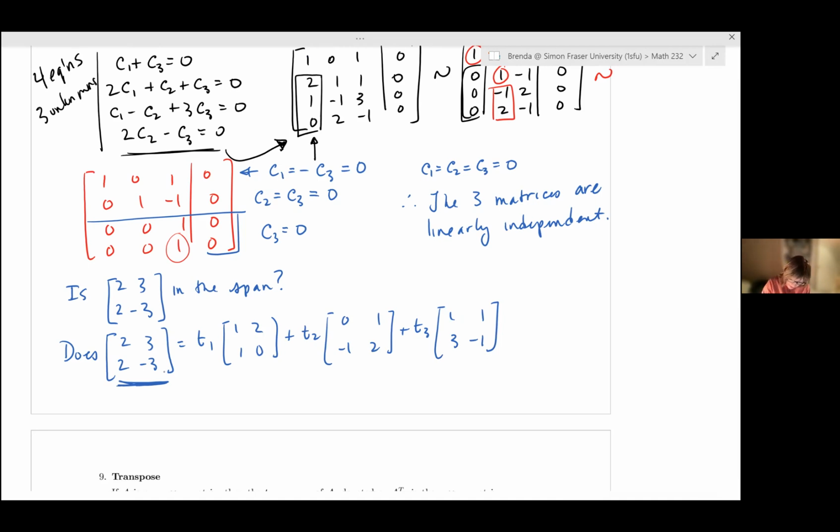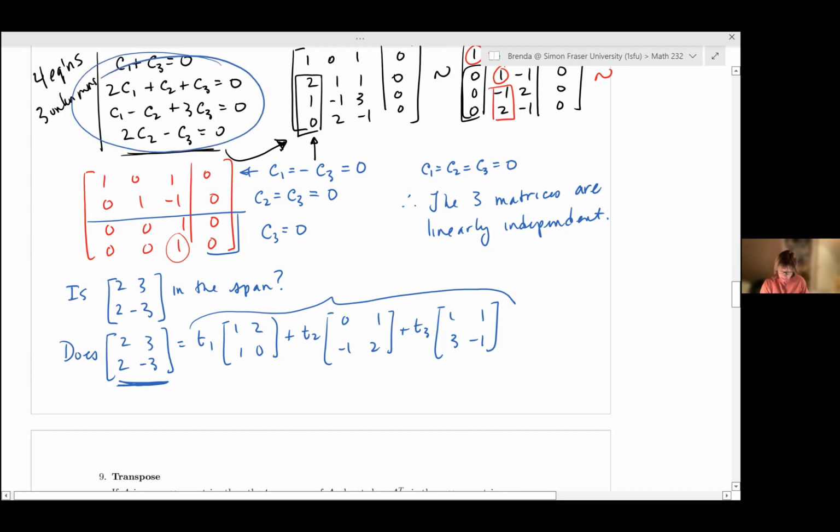Okay, so I do the same thing I did before. I perform this addition. This is the same addition that I performed last time, except I've used T instead of C. So I'm going to get these same equations that I had here. And then I can form the augmented matrix, which will be exactly the same as this augmented matrix, except this will not be 0 anymore because this is not 0.